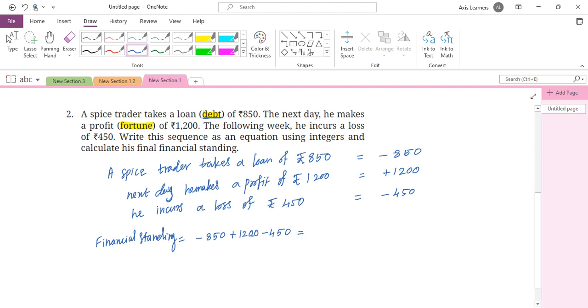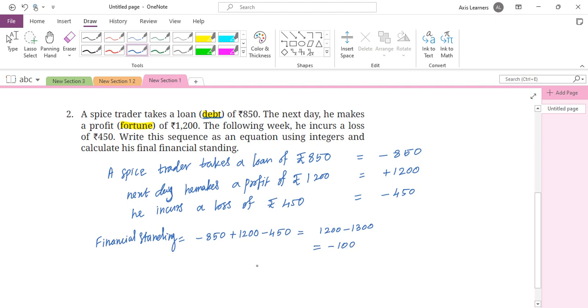He got a profit of 1200, but if you add 850 and 450, that is 1300, right? So if we subtract it, 1200 minus 1300 will come. Then what will be the answer? Minus 100. So what is the final financial standing of the trader?